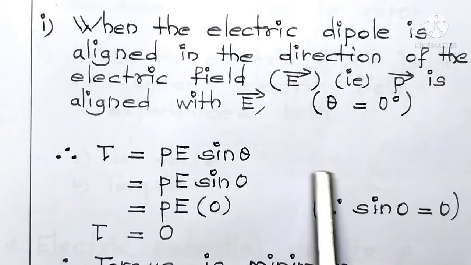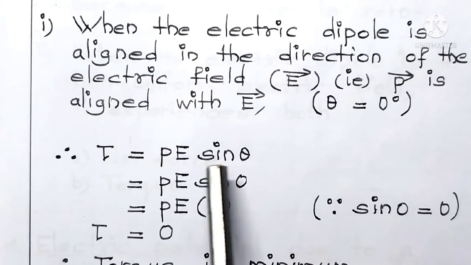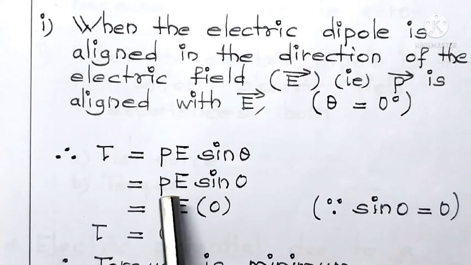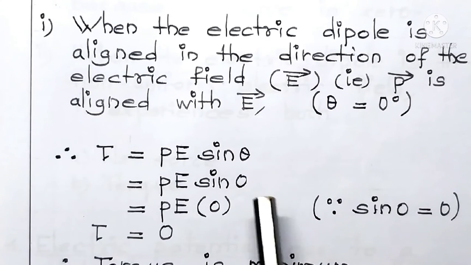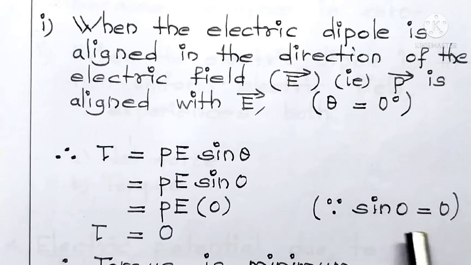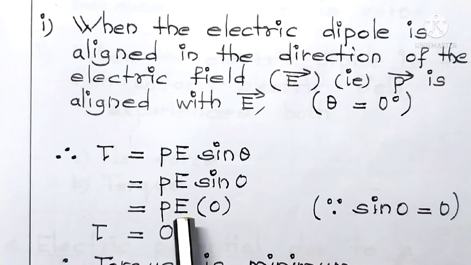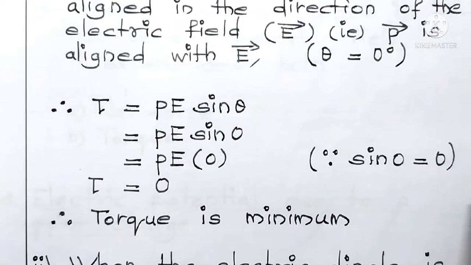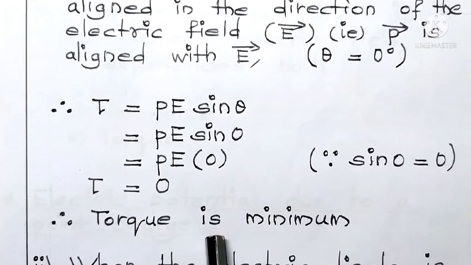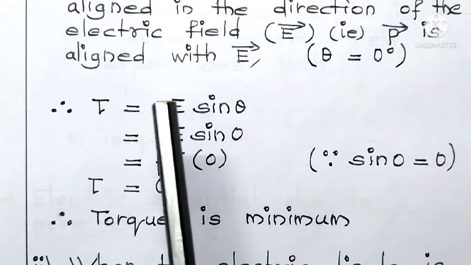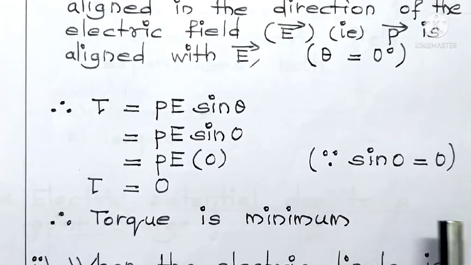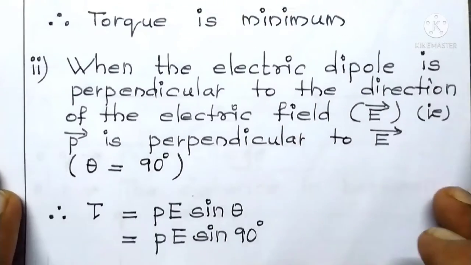So let us write the expression tau is equal to pE sin theta, which is nothing but pE sin 0. What is the value of sin 0? 0. So it is equal to pE into 0, which is nothing but 0. So here the tau has become 0. So in this case, the torque is minimum when the electric dipole is aligned in the direction of the electric field.